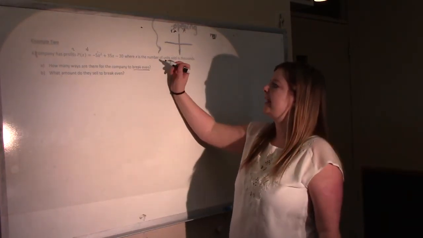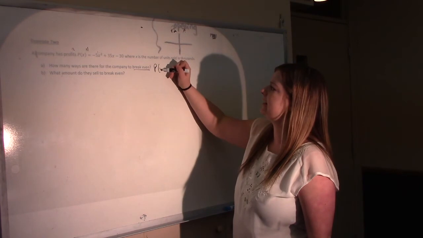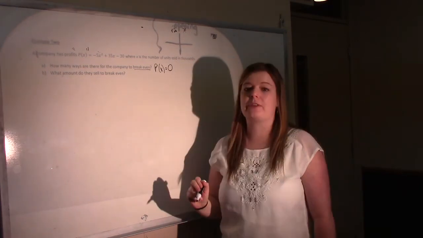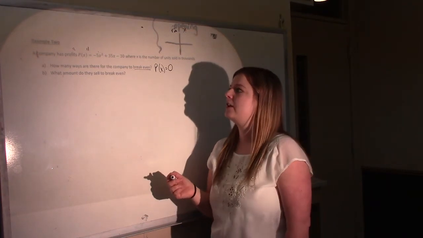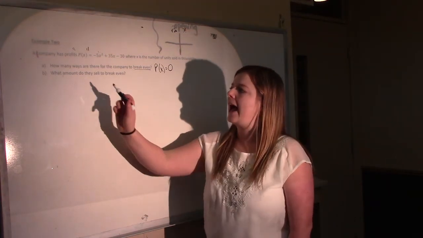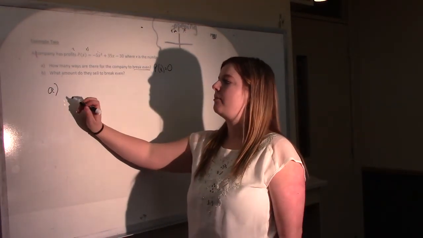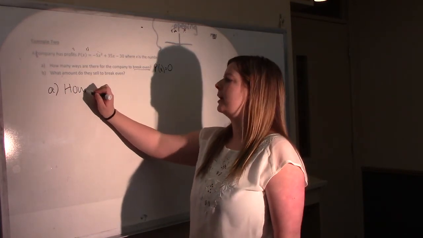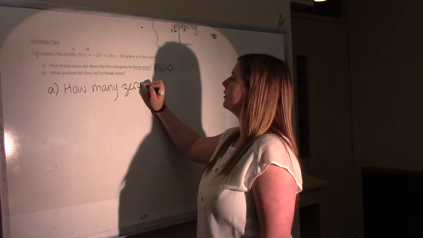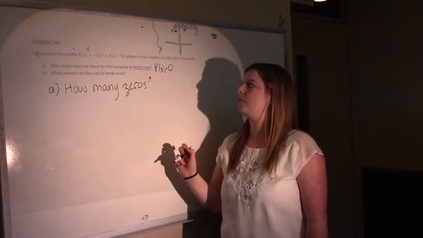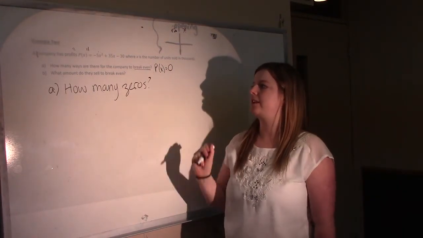Remember, break even means profits equal 0. So part A is asking us how many zeros there are, because it's asking how many ways there are for this equation to equal 0.